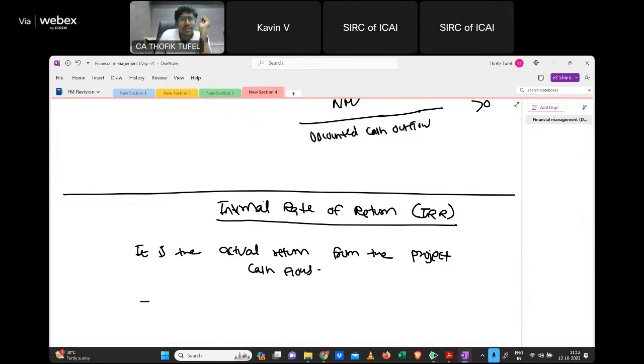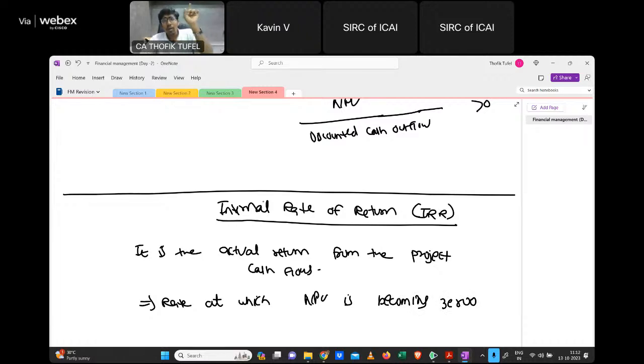It is the rate at which all your cash flows are discounted equally with the cash outflows to make it zero. That becomes the actual rate of return, which is calculated by IRR. So IRR is the rate at which NPV becomes zero. It is the actual return from the project cash flows.